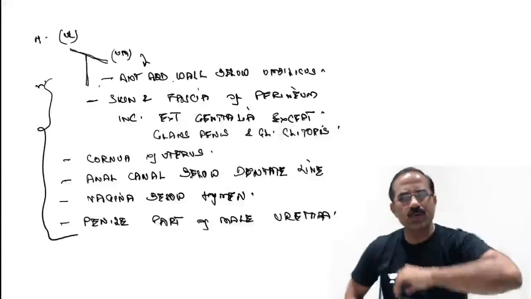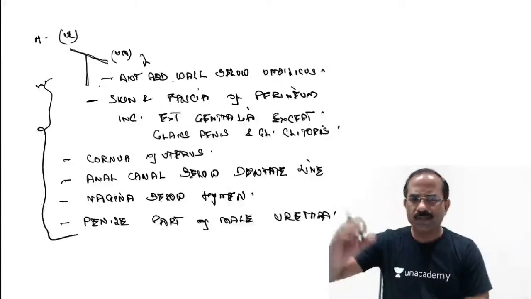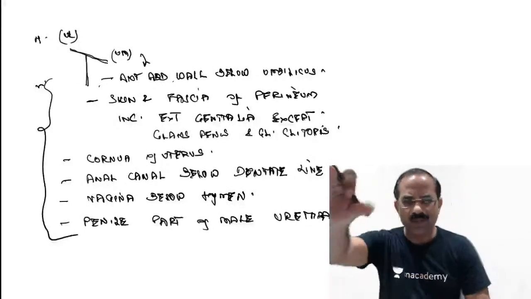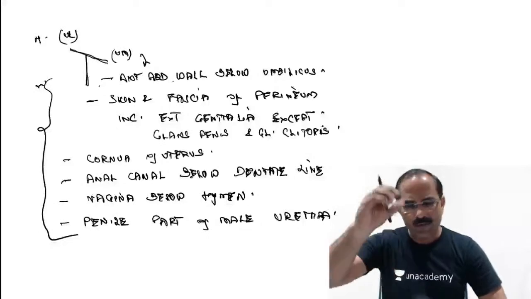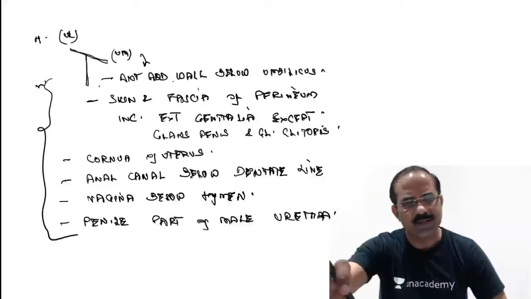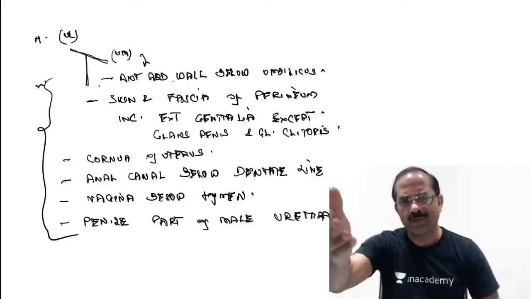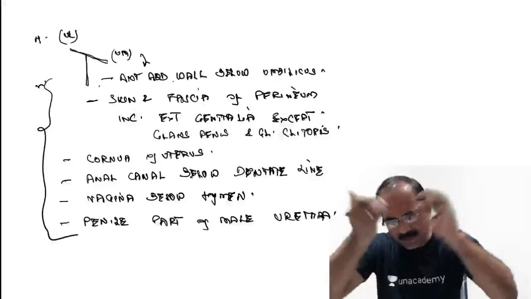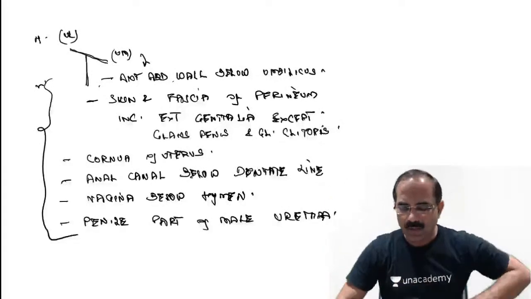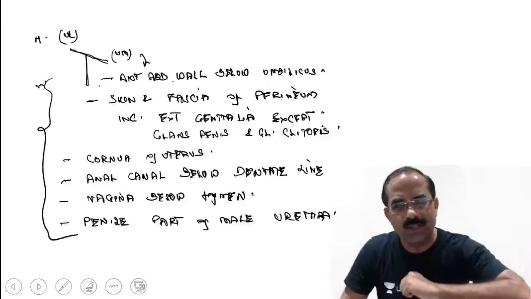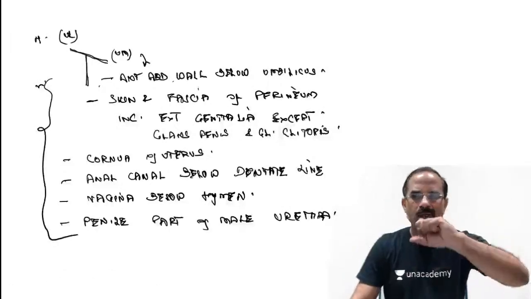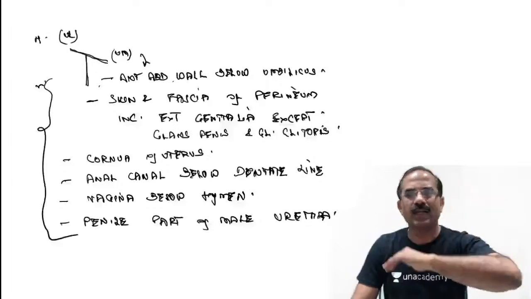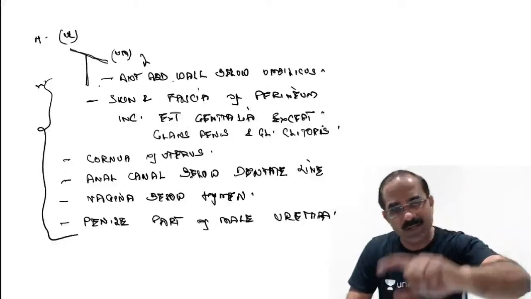A 60 year old male finds a small growth in the region of the anal canal, and the growth is painful. Sometimes it bleeds. On histopathological examination, the growth was found to be cancerous. Lymphatics of the anal canal, it is a painful lesion.